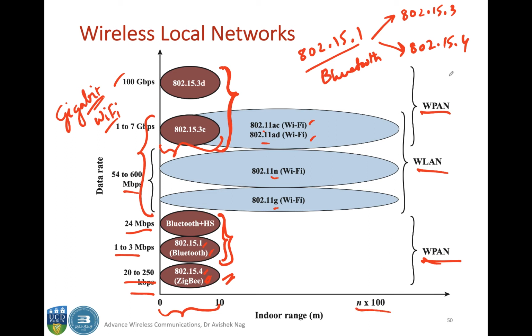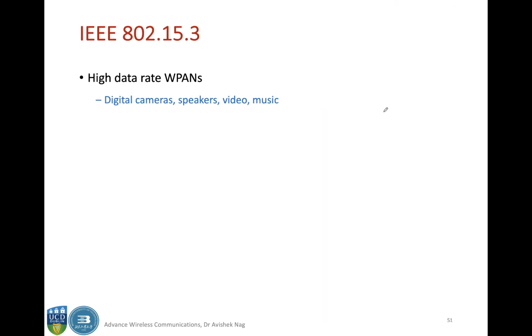So this picture actually summarizes the comparisons of these different wireless technologies very nicely. So talking about 15.3, this is the high data rate version, right? High data rate version.